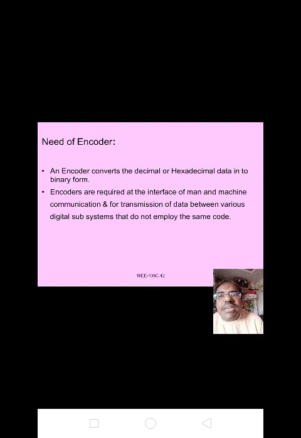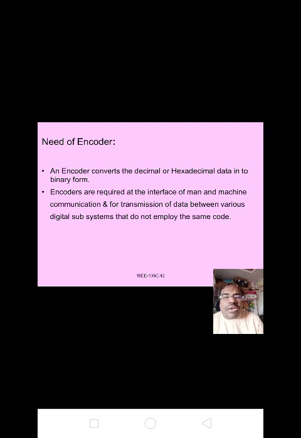Once again I am repeating. Need of encoder. An encoder converts the decimal or hexadecimal data into binary form.